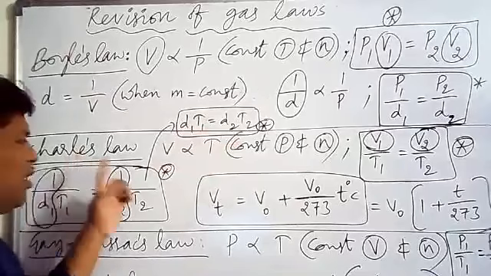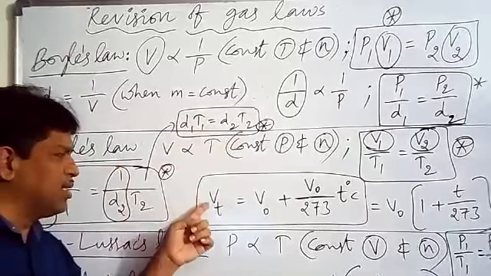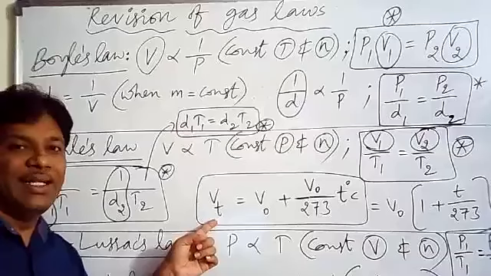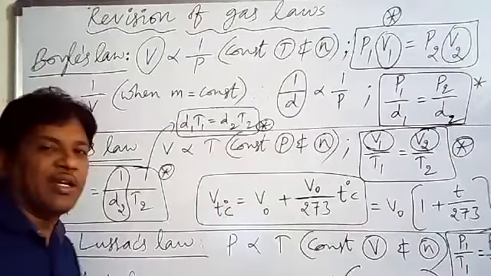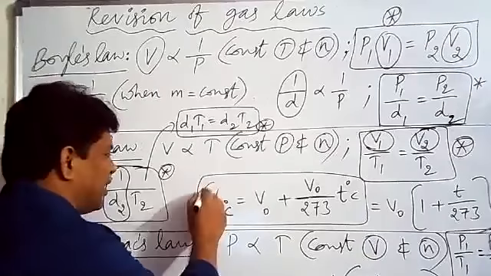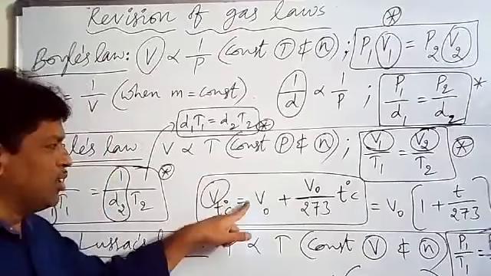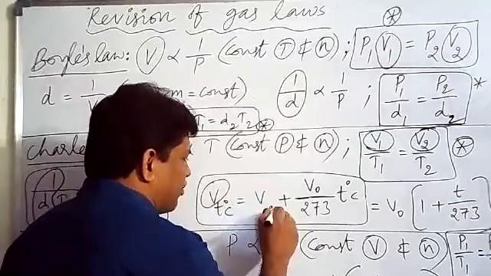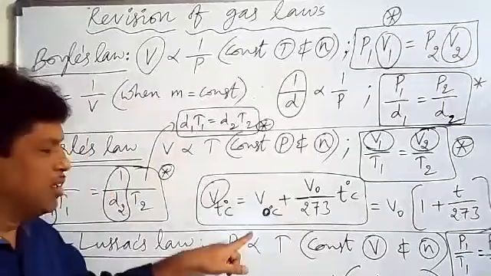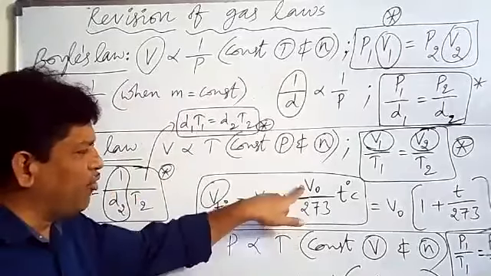Next, another important formula for Charles' law. The volume of a gas at a given temperature, T degrees Celsius, means centigrade temperature, is equal to the volume of the same gas at 0 degrees Celsius plus 1 by 273 of V0.